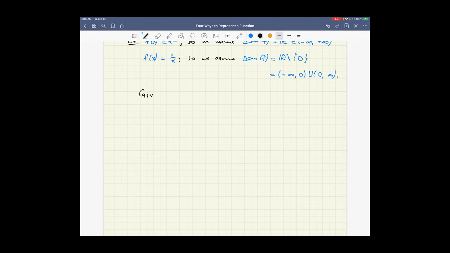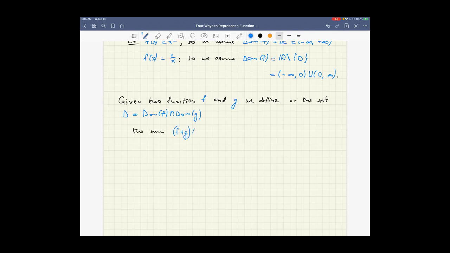So given two functions, let's say f and g, each with its own domain, we take the domain of f and intersect it with the domain of g and call that D. On D we can define the sum of two functions, written f plus g, which is of course f applied to x plus g applied to x.